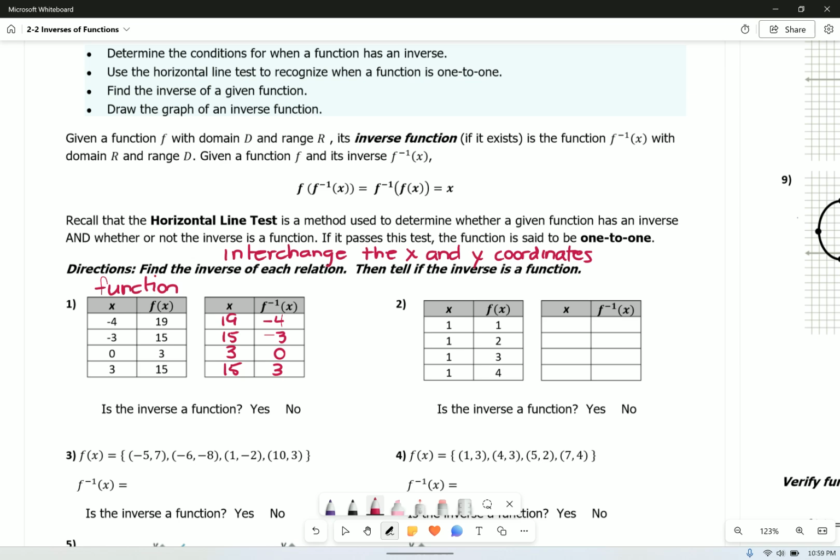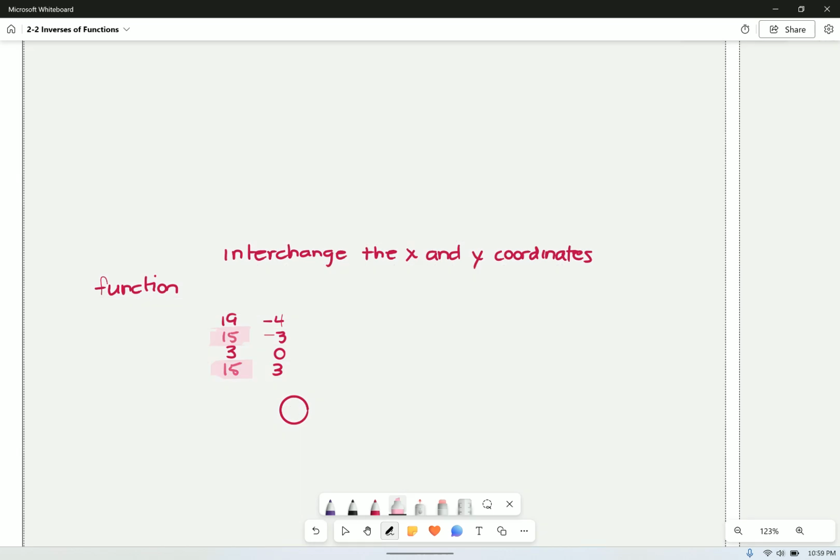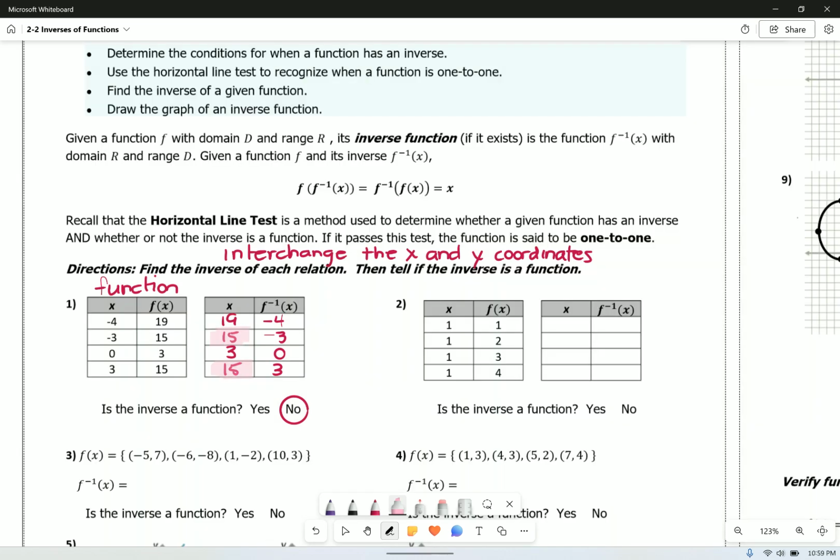Okay. Now, how about the inverse? How about this inverse table? Is it a function? Your answer would have been a no. And why is that? Well, we would notice that the 15 in the x values are repeating. So no, the inverse is not a function.